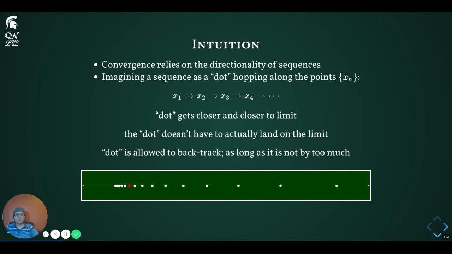If you follow the sequence, which is the moving red dot, you see that it moves on the whole toward where things accumulate. But this sequence also illustrates what is meant by backtracking within reason. We see that the sequence gets close to the limiting value, bounces back out again, and moves back in. But each time, the amount of backtracking is smaller and smaller. This guarantees that eventually the sequence will always become very close to the limit point.